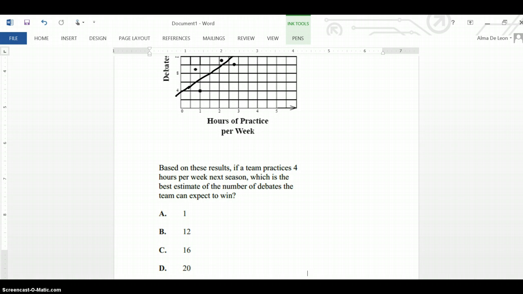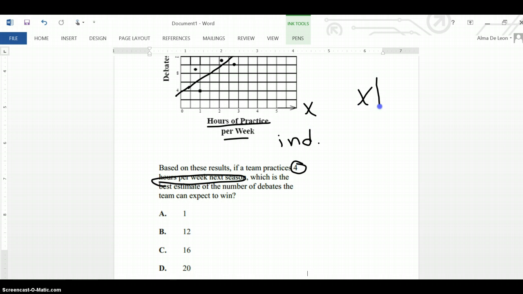Based on these results, if a team practices 4 hours per week next season, which is the best estimate of the number of debates the team can expect to win? So if they practice 4 hours of practice per week, notice that this is where the x-axis would be. This would be our independent variable.